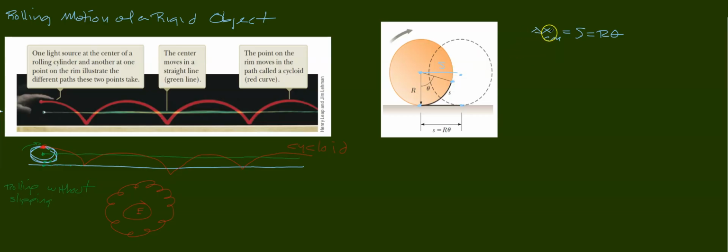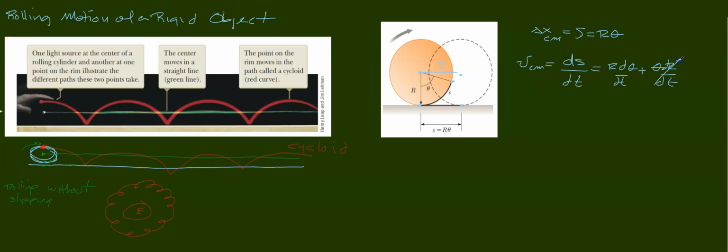So if that's the displacement, what about the velocity? The velocity of the center of mass will be dx over dt, but we already said that x is s, so ds over dt. We already did this in class. That will be r d theta over dt plus theta dr over dt.